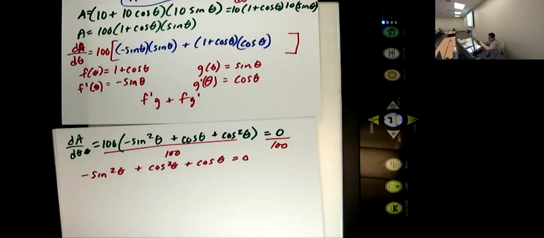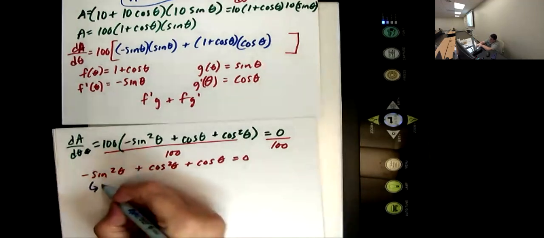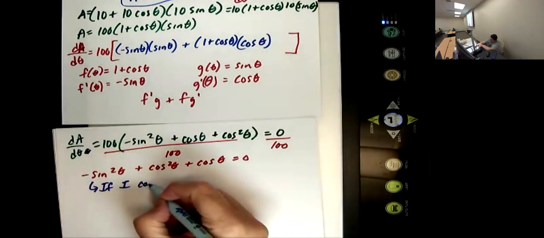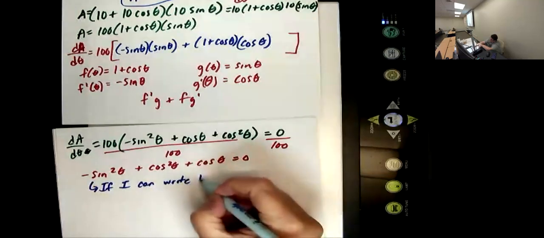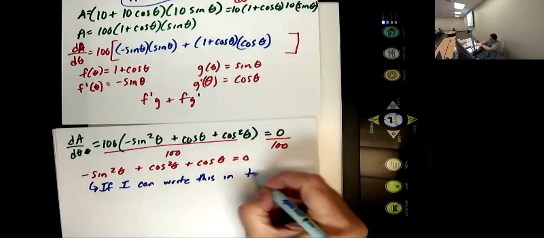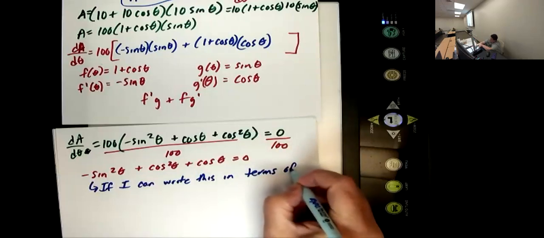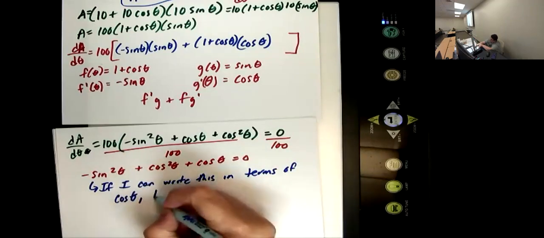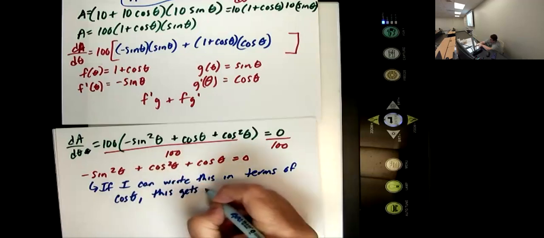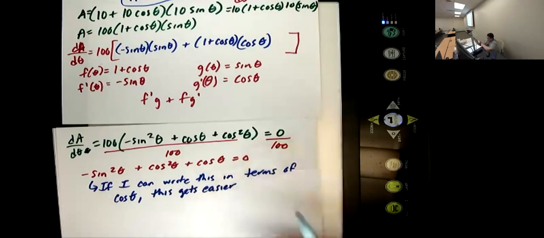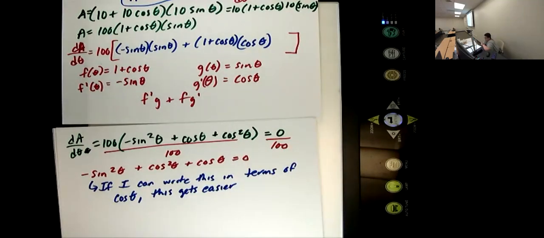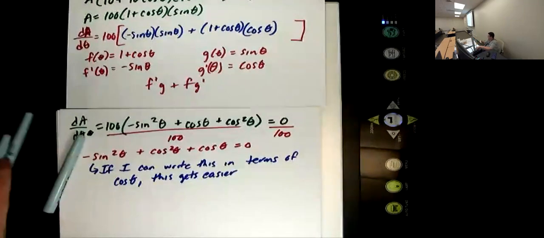If I can write this in terms of cosine theta, this gets easier. You guys know any formulas that involve sine squared that lead to cosine? Pythagorean identity, excellent. What is it?